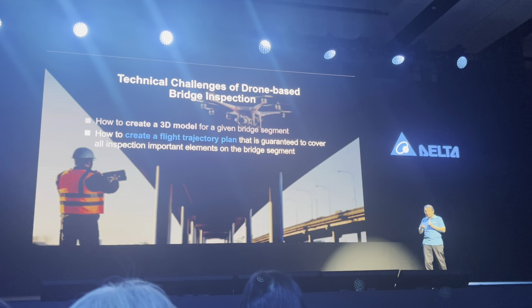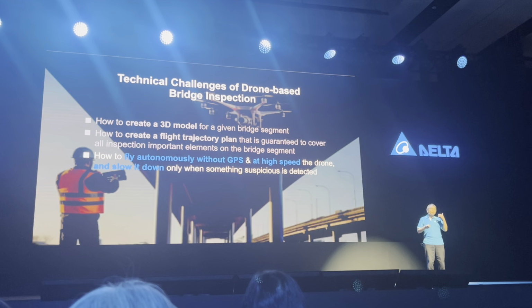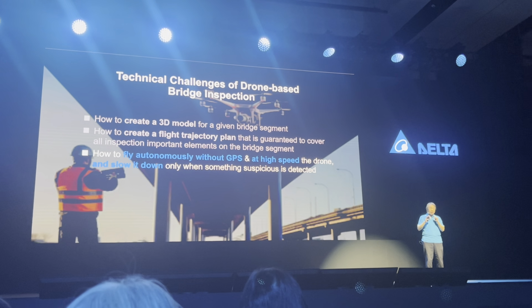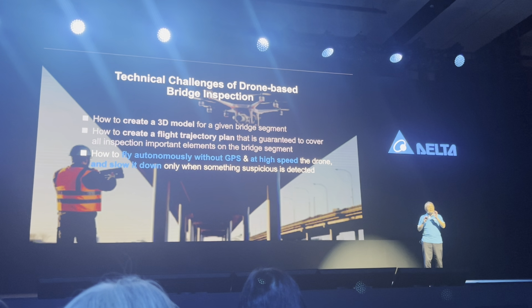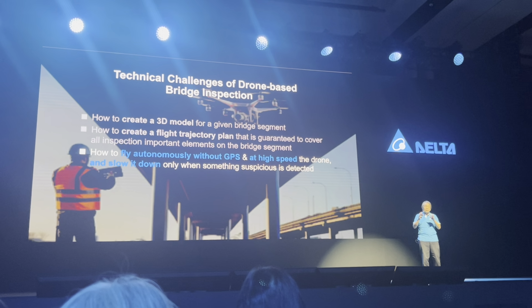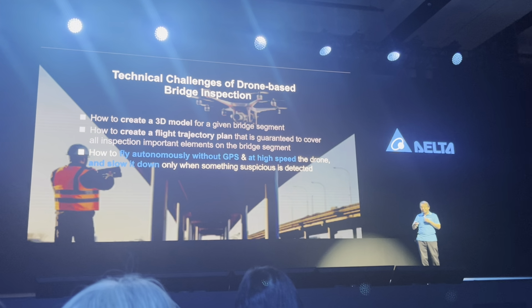That's called inspection element. And then you need to fly this drone along this path autonomously without human intervention, even in areas where the GPS signal is not available. That's the big if, right? When the GPS signal is not available, the drone is still able to fly autonomously.